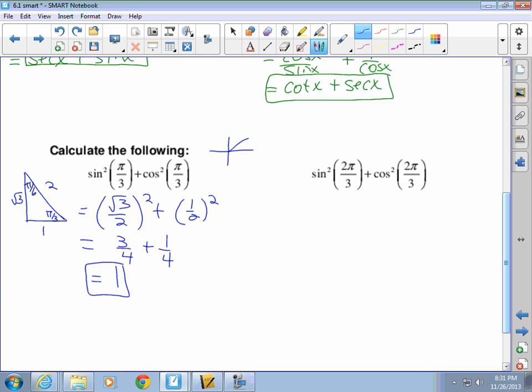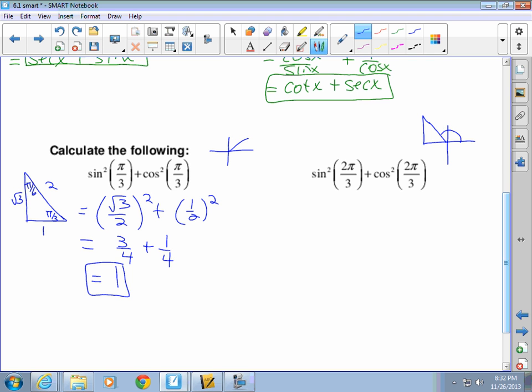But when I'm doing other equations that aren't within that first quadrant, or other angles, I mean, then I have to watch and see, okay, what quadrant is it in, and will that particular trig function be positive or negative there. So 2 pi over 3 is over in this quadrant. 2 pi over 3 means that I have to use a reference angle.